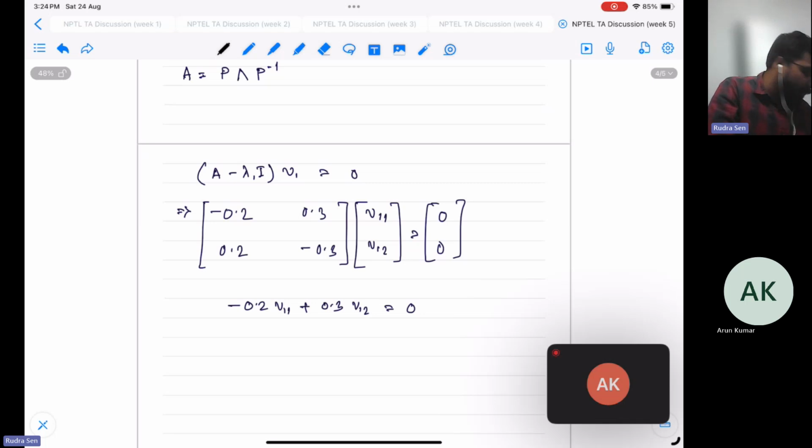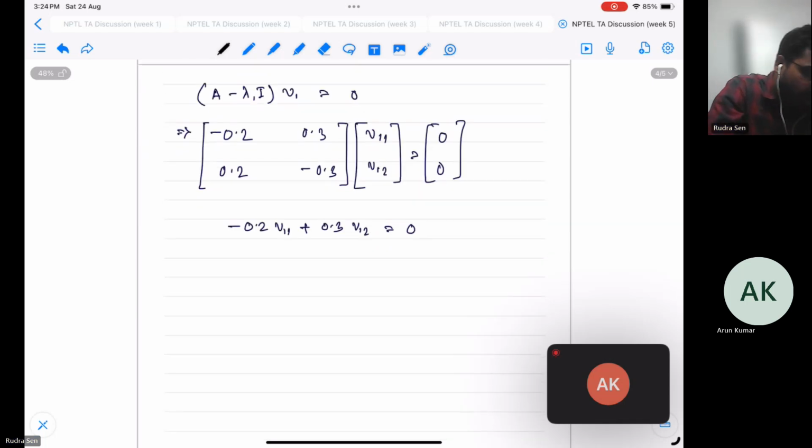Okay. So what eigenvector do we get? The first eigenvector V1 is 0.6 and 0.4.